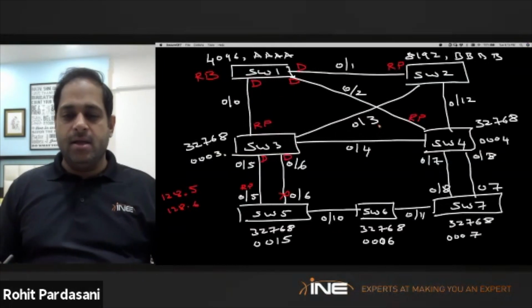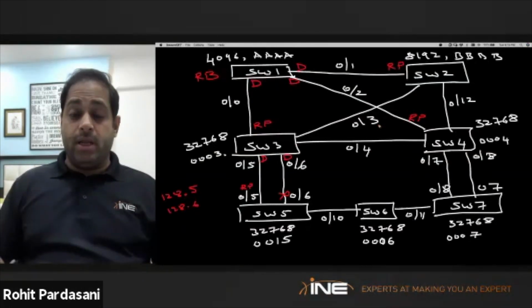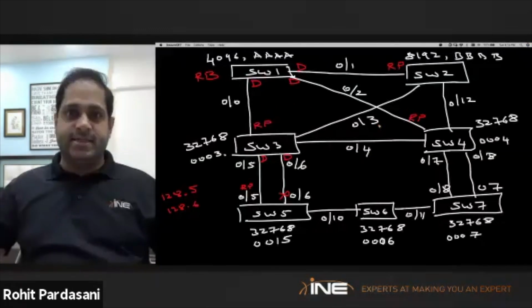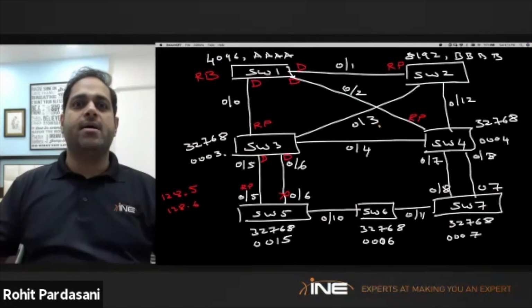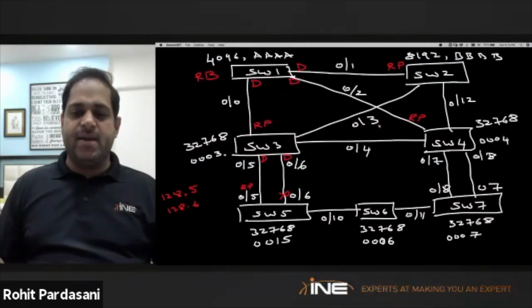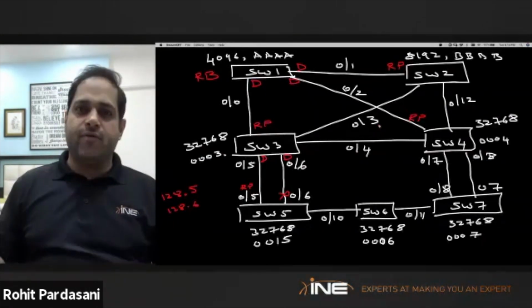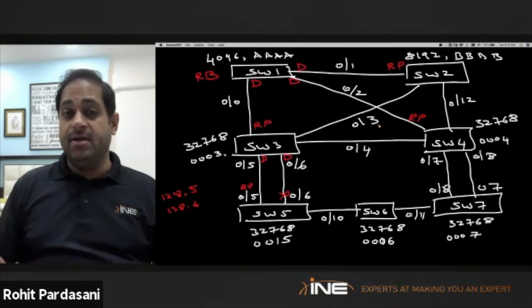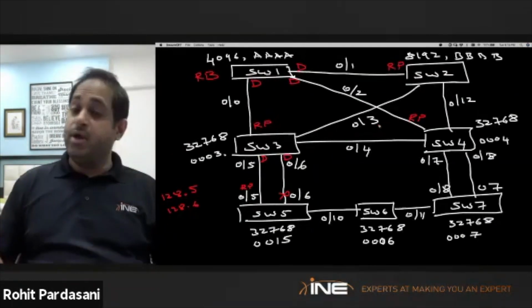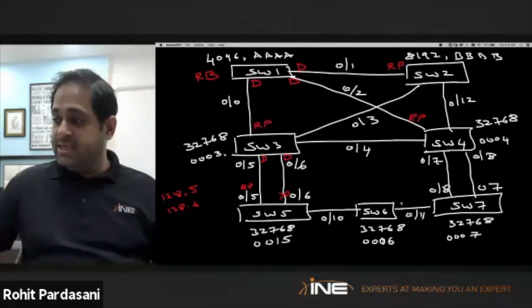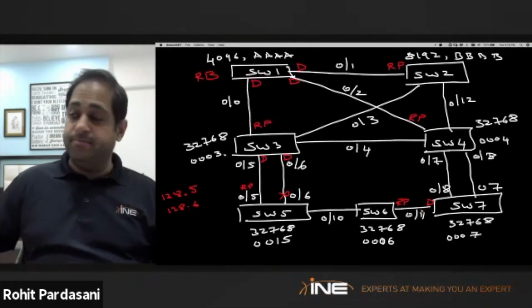Left side, bridge ID priority is the same with the right side. Let's compare MAC address. Left side MAC address is 0015 versus right side MAC address is 0007. So right side wins because cost was same. So this becomes the root port and this goes into designated.